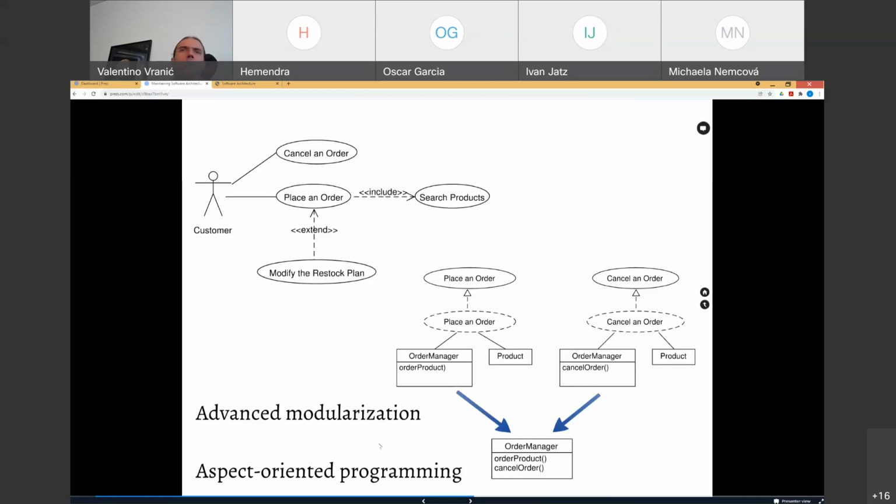So the community started using advanced modularization instead of just saying aspect-oriented programming or aspect-oriented software development. But maybe it would be better to stick to this and not hide the initial idea. Then we can talk about other kinds of advanced modularization, and whether they fit this aspect-oriented view of the world or not.